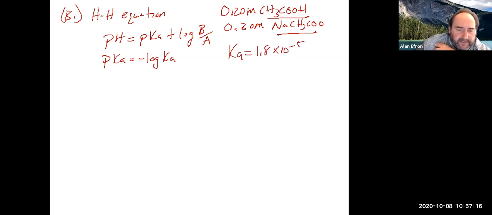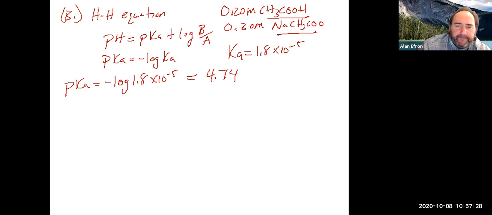So we could calculate the pKa value by taking minus the log of 1.8 times 10 to the minus 5. That is going to give you 4.74 as our pKa value. And that means that we could go into the Henderson-Hasselbalch equation, pH equals 4.74 plus the log. Also troublesome for some people, acid and base.